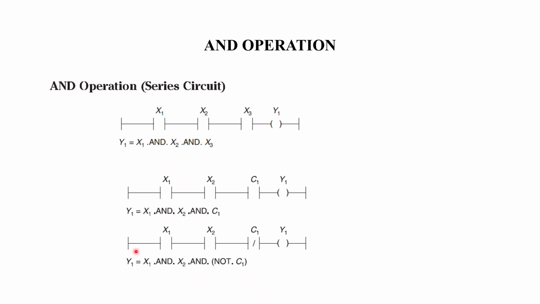And similarly, you have another AND operation with x1, x2 and c1, where c1 is a normally closed contact, which you represent as NOT c1. So x1 and x2 and not c1 will be your output y1. In this way we represent the AND logic operation using a PLC.